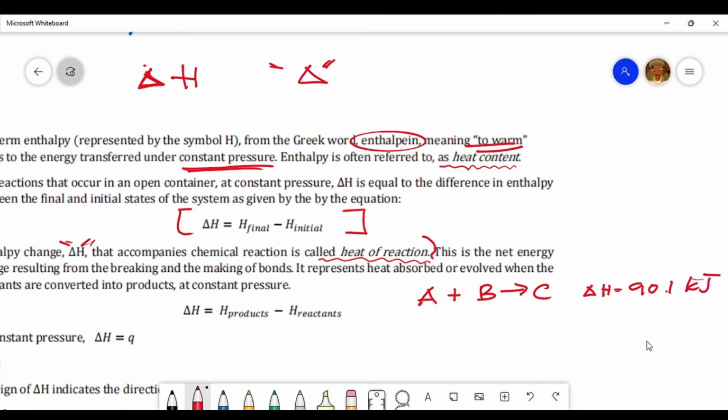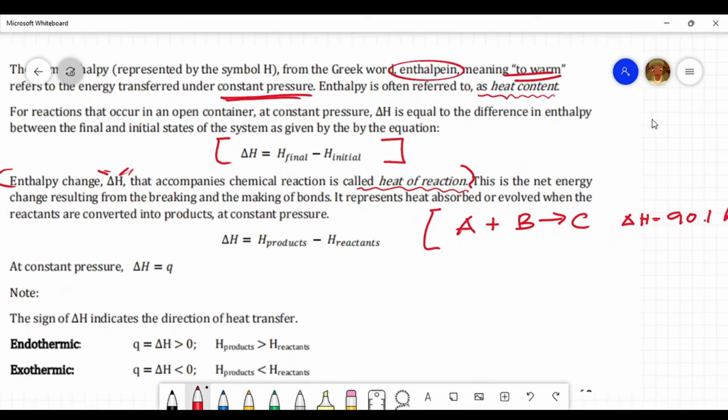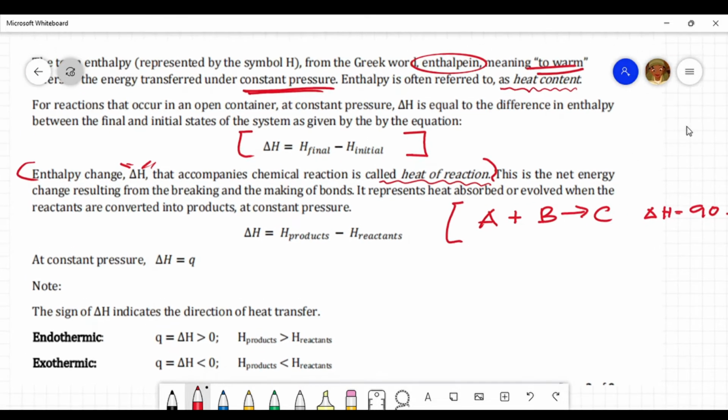So this is how we usually see enthalpy change. The left side is a chemical equation, the reaction, and the energy needed, or heat content, is written on the right side. That's how you write a chemical reaction, with the heat required, the enthalpy change required for this reaction to happen.